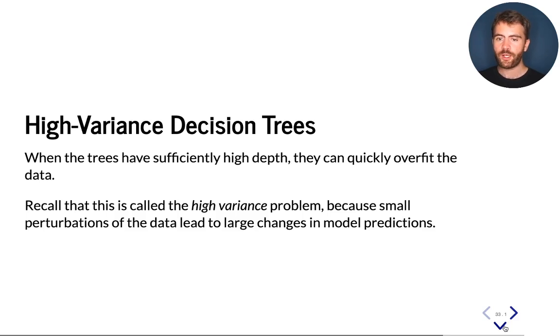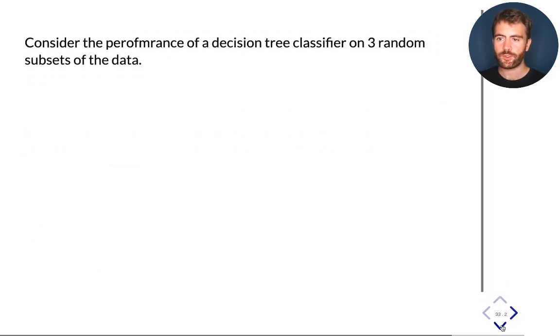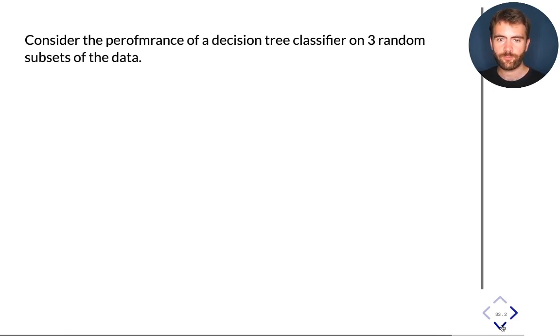So overfitting and high variance are synonyms, but high variance in addition highlights the fact that small perturbations to the training set will cause big fluctuations in the predictive model.